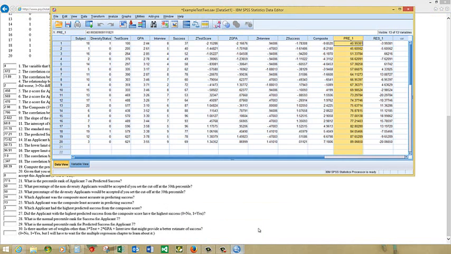Okay, we can find that out. The actual success, well, no. The applicant with the highest predicted success had kind of low success. There's 96. It looks like there are a couple of 96s in there. Did not, so we say no.